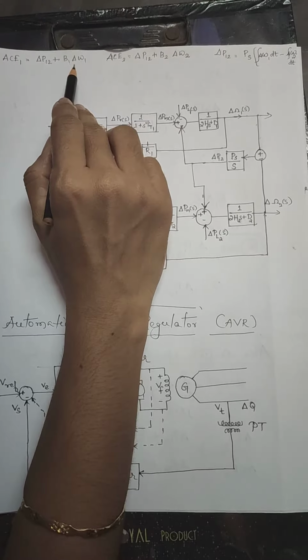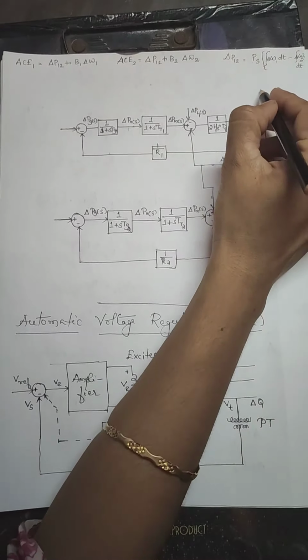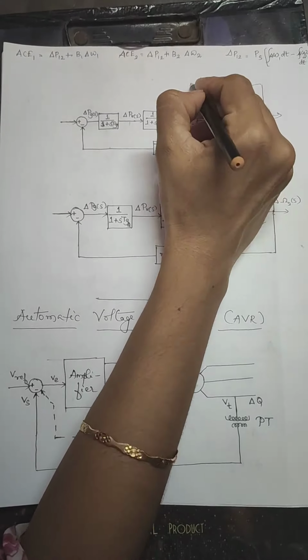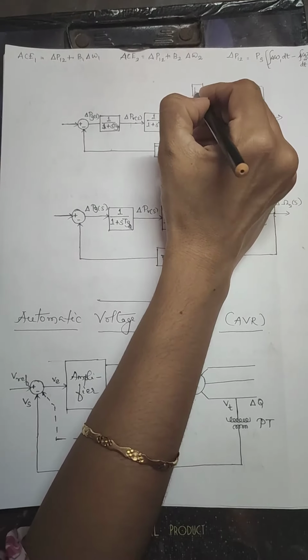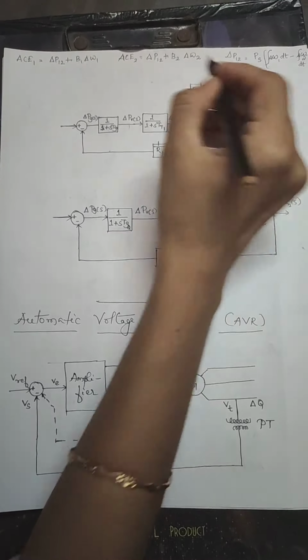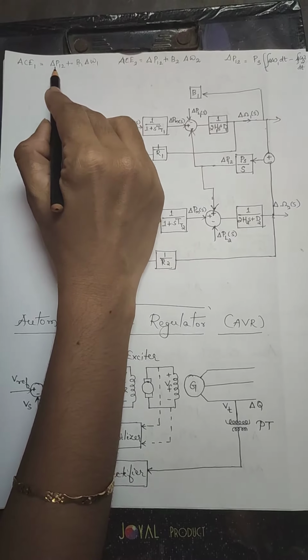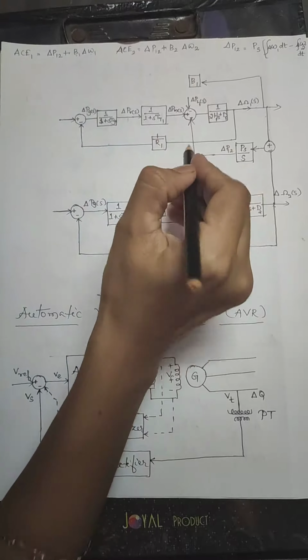So B1 into delta omega 1. So this is delta omega 1 multiplied with the frequency bias factor B1. So we will get B1 into delta omega 1. This has to be added with tie line power delta P12.